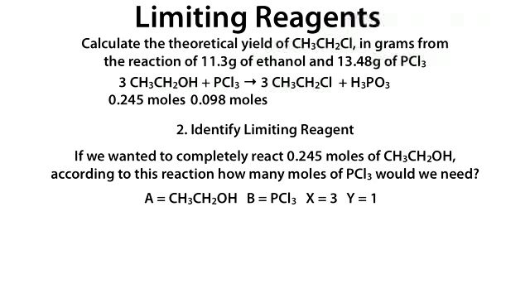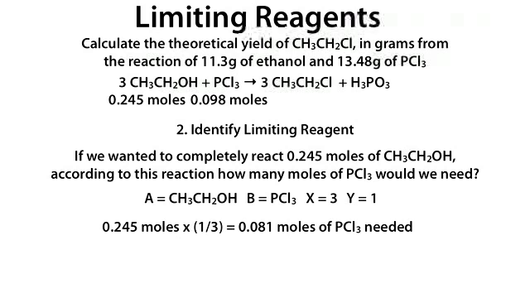X is 3 from the coefficient in the balanced reaction, Y is 1 from the coefficient in the balanced reaction for PCl3. We're now going to multiply 0.245 moles of ethanol times Y over X, or 1 over 3, to get 0.081 moles of PCl3 needed.